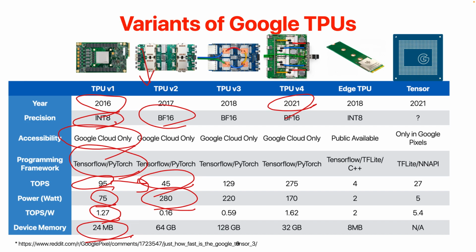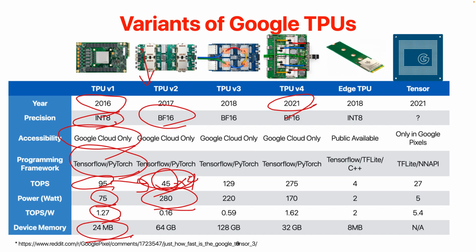So instead of building a giant TPU that gives you a lot of TOPS, the strategy of Google changed. They try to put 4 different TPUs as a single pod. In each machine, they are equipped with 4 TPUs. And if you take 45 times 4, they are claiming each server, each TPU pod would give you 180 TOPS.